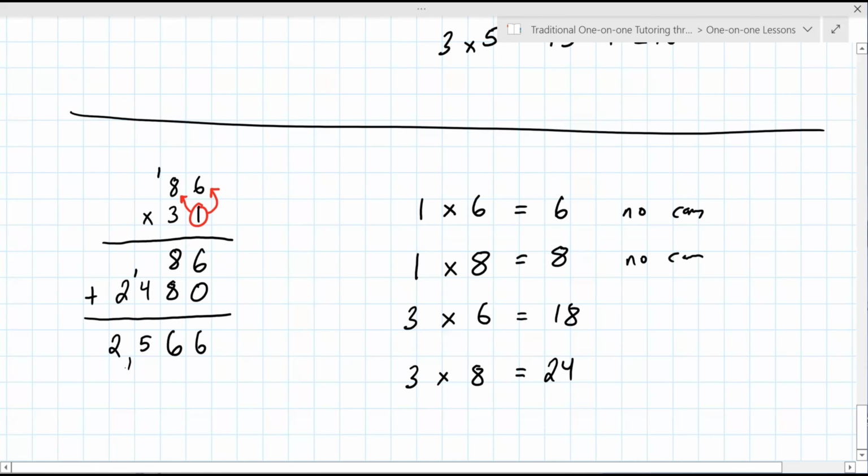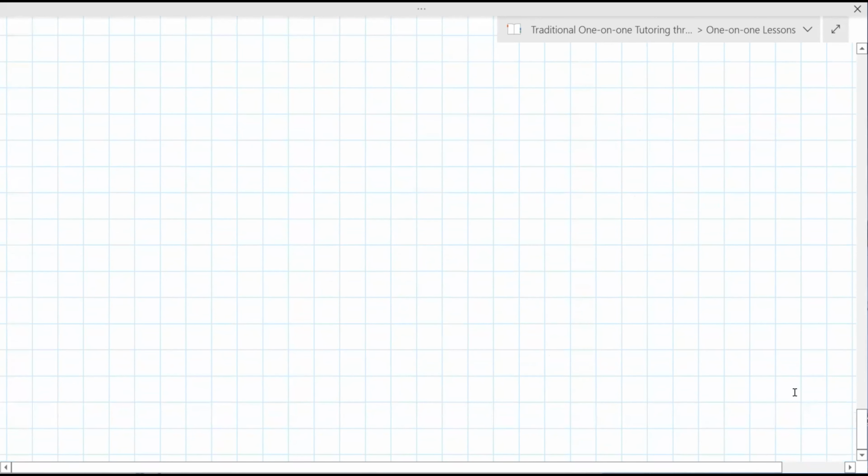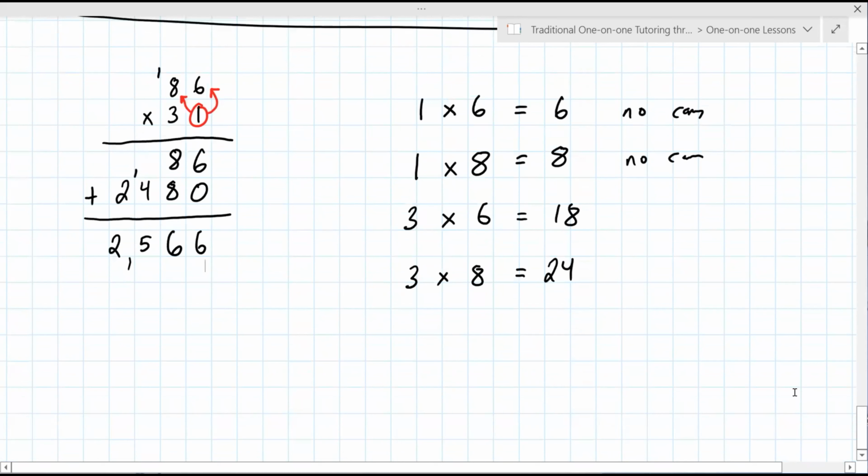Okay, let's try another one here. Did you get all this down? I'm sorry. If you ever need me to stop and go back, please tell me.